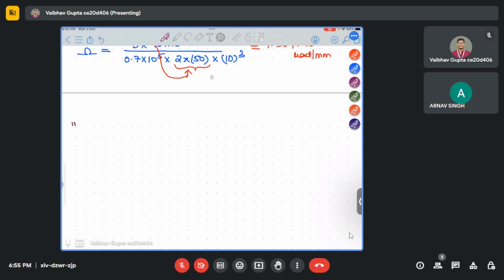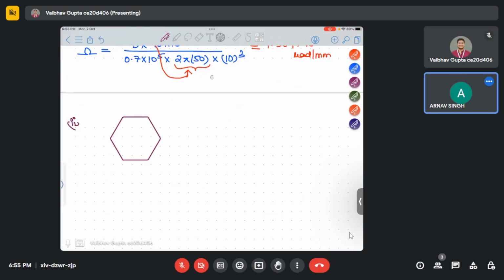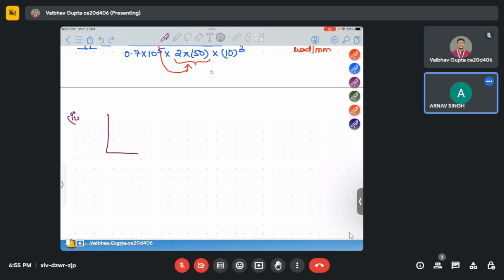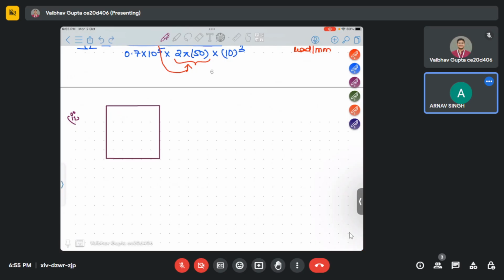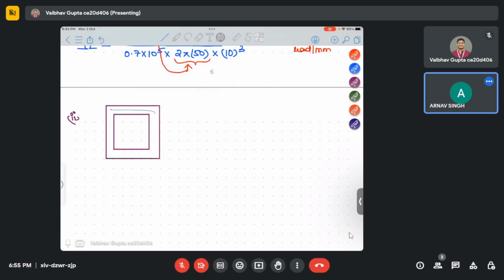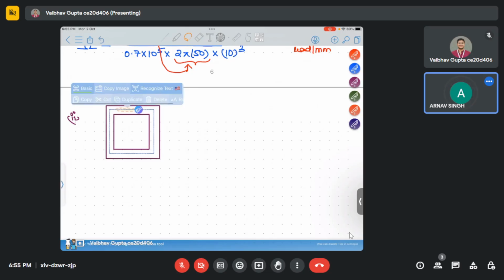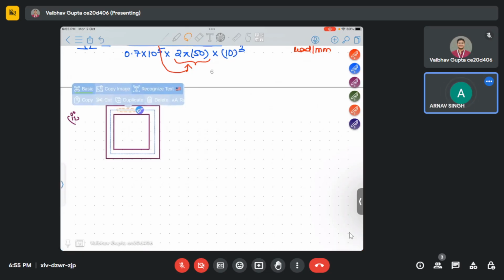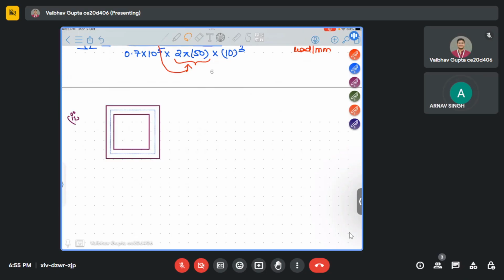Suppose now the cross section is this square cross section. Okay, so a square cross section is given to us.